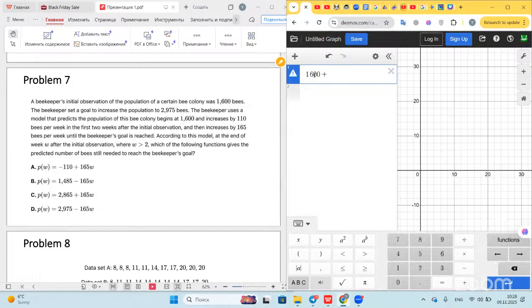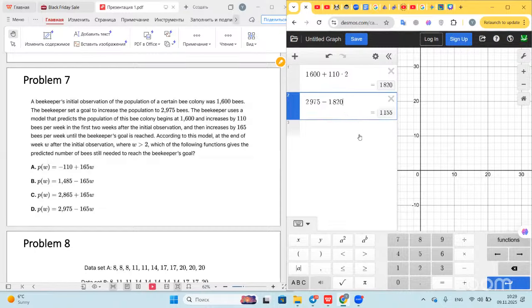It is 110 per week, during 2 weeks. It means this amount here. How many remain to reach the goal? This number minus this number, 1820. This is what we need after 2 weeks.